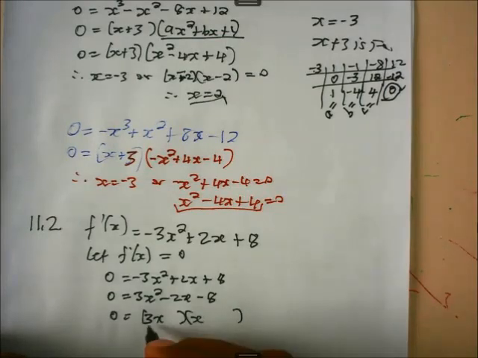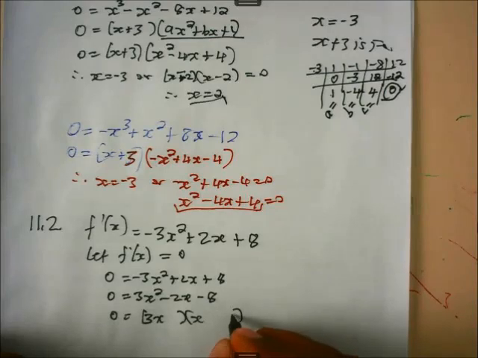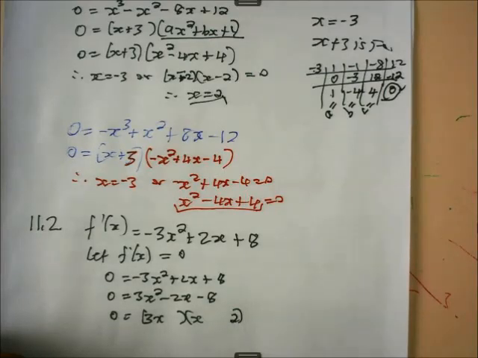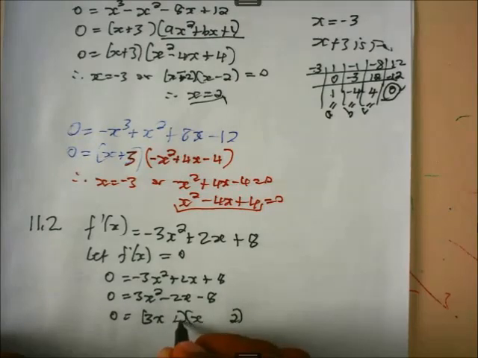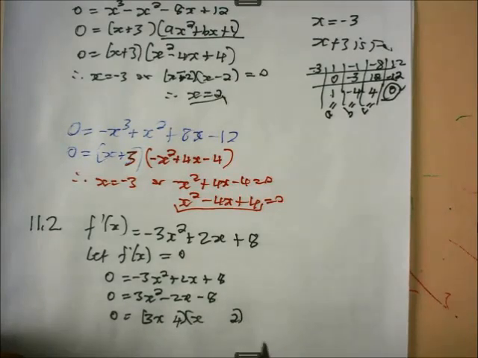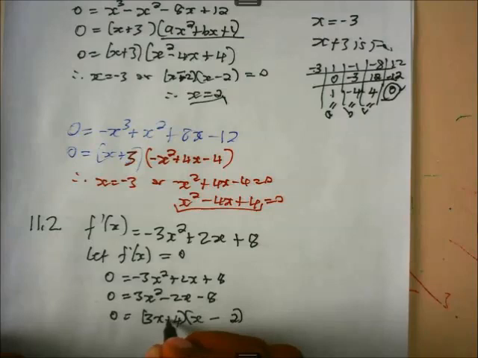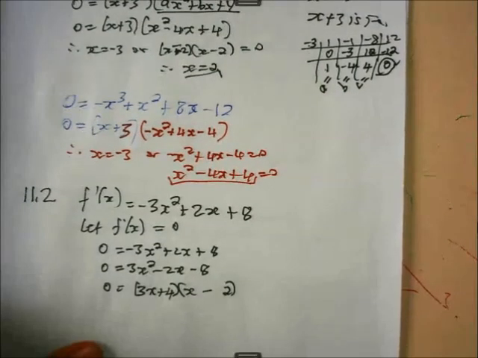If I take 3 multiplied by 2, the answer will be 6. Then 6 minus 4, the answer will be 2. This is minus, and this one will be positive on this side. So 3x plus 4, x minus 2 are our factors of 3x squared minus 2x minus 8.